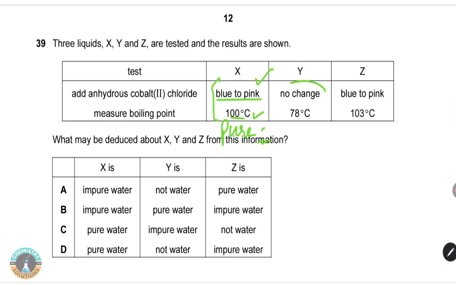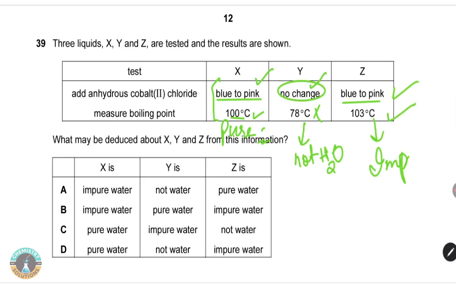If there is no change, it means this is not water. So blue to pink, yes, water. 103 means it has impurity. So impure water is there. So if we check, the pure water is X, and Y is not water, Z is impure. D is the correct option.